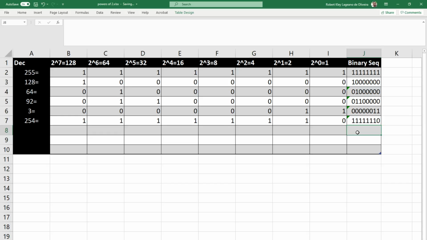Now let's do a few more examples. Just gonna have this number here. So it's 1001 followed by a sequence of 4 zeros. Let's just populate this table.